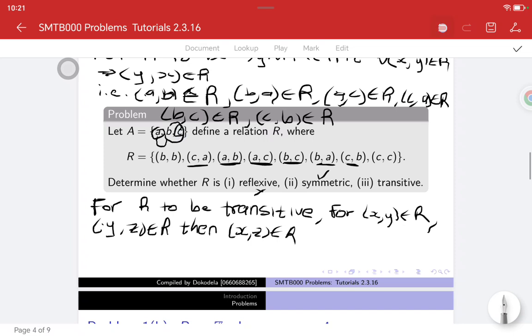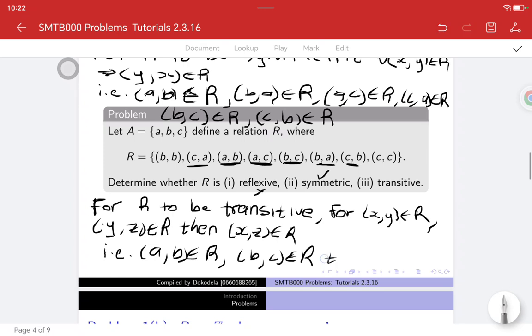So we're going to check here now if we have those things. We first check AB. We do have AB, an element of R. And now we check BC. BC is also an element of R. Since these two are related through B, it means that A should also be related to C. So we check if AC is there. AC is really there.